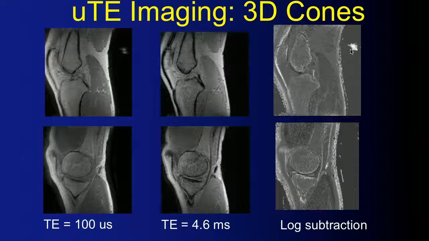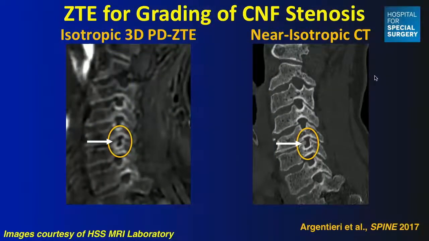And the subtraction image here shows that quite well. Some of these sequences have even gone on to be called zero TE. This is a particular technique that interleaves the RF pulses with the acquisition and achieves near zero echo time based on some work that Michael Garwood did at CMRR in Minnesota.